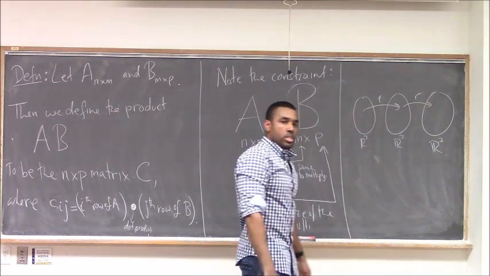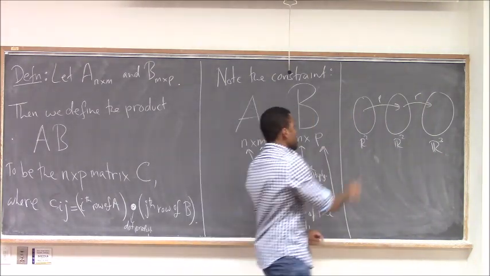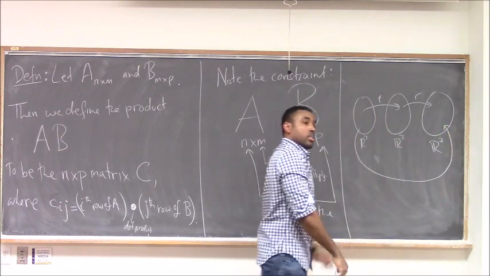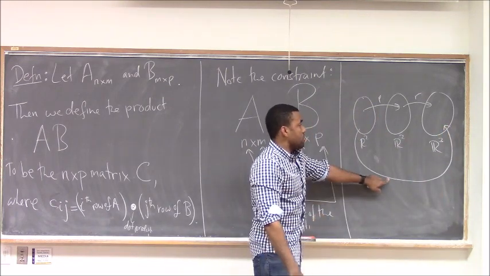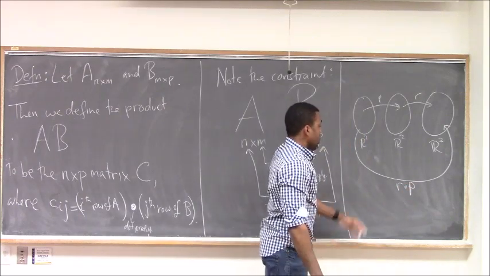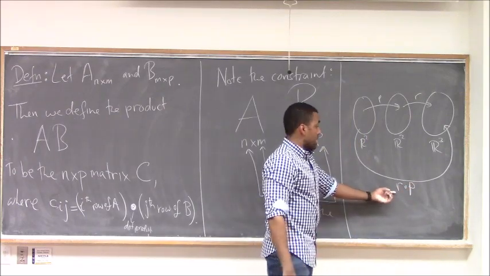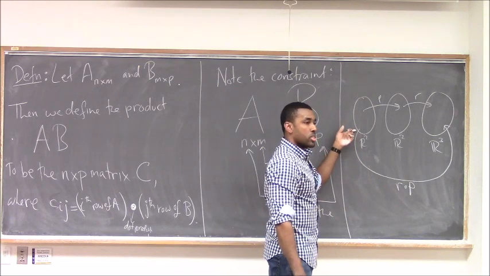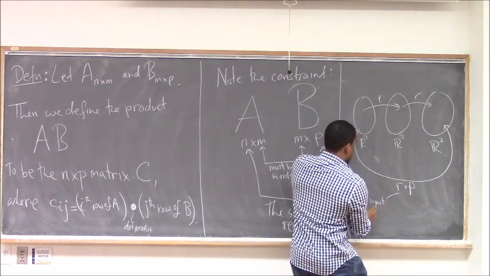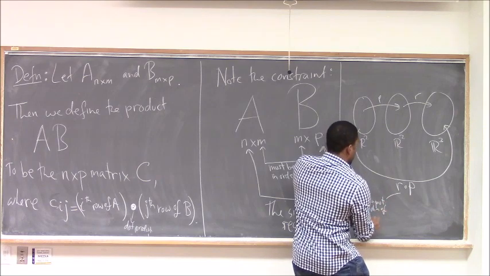When you take the composition of functions, what are you doing? You're taking an input from here and going all the way to here, right? So the input of this is here, it is r of p. What is the input dimension of this guy? It's going to be the input dimension of p. This has input dimension of p.